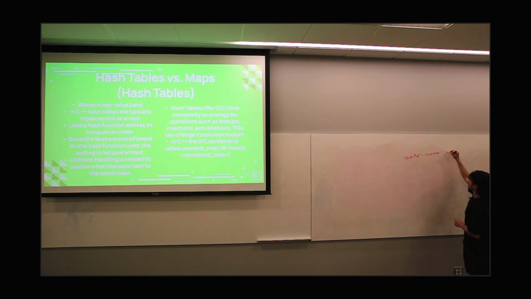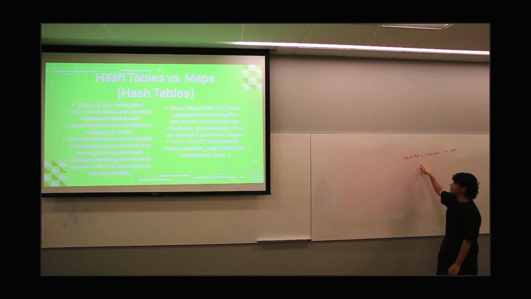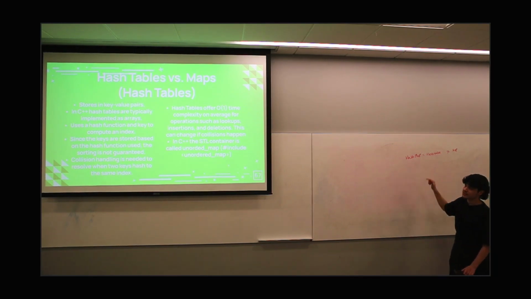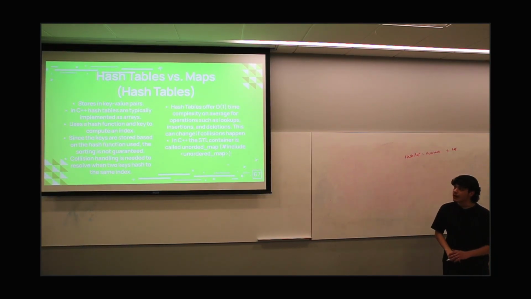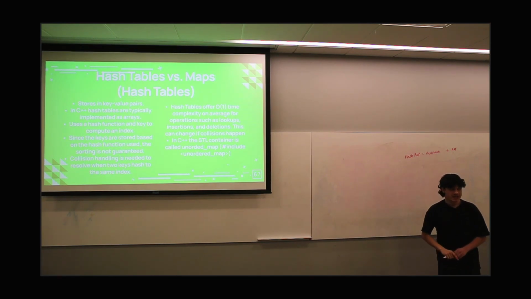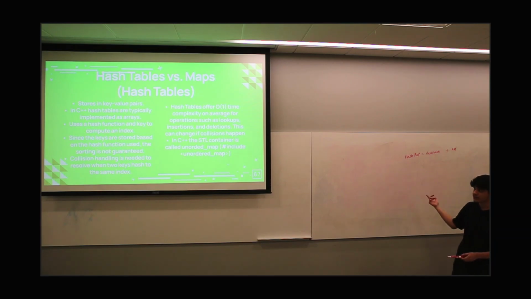So this does not equal a map. These are two distinct meanings. Maps are usually implemented as trees, whereas hash maps or hash tables are implemented as arrays. In hash tables, we use hash functions to calculate our index for the array.